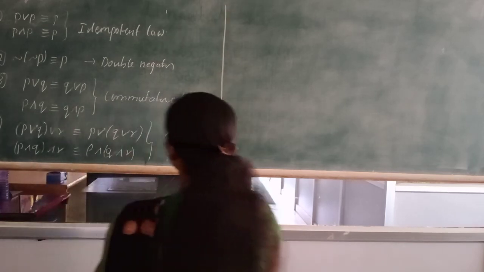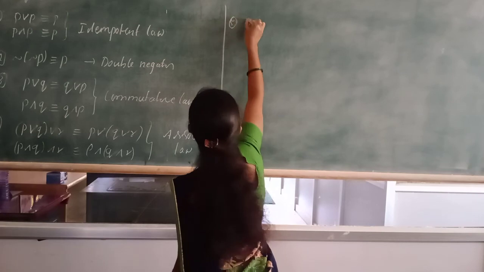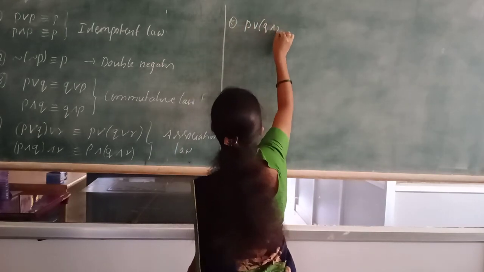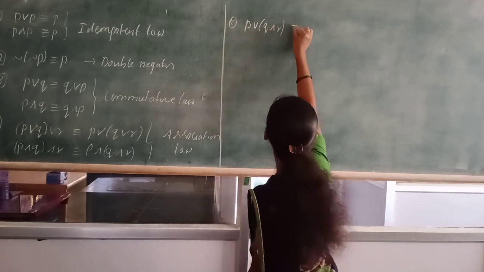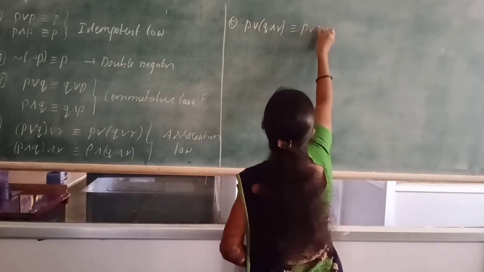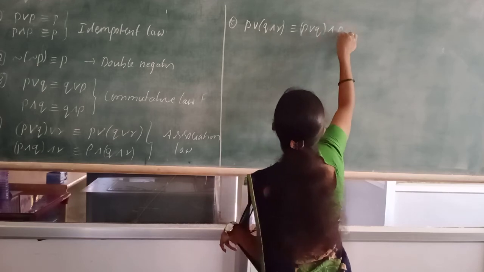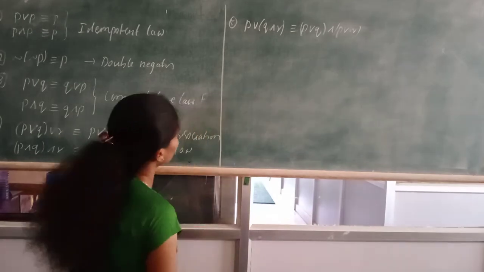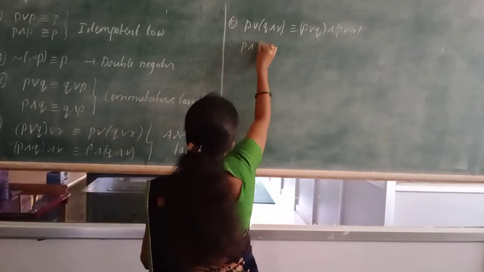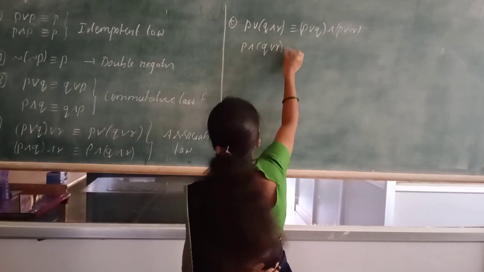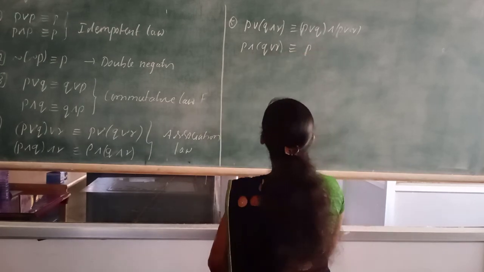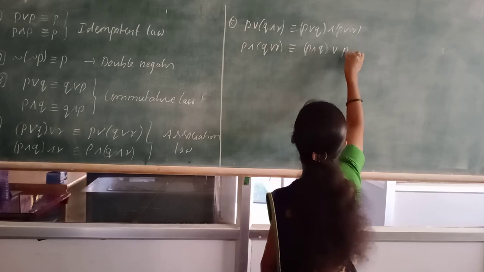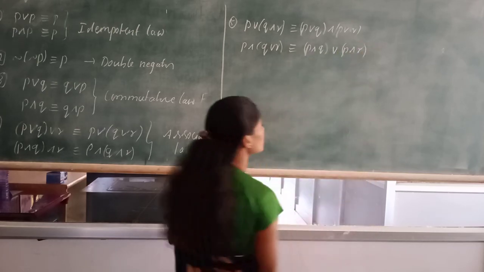Next is distributive, the fifth one. P and (Q or R) is equivalent to (P and Q) or (P and R).